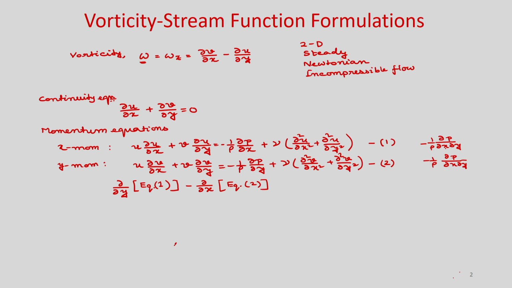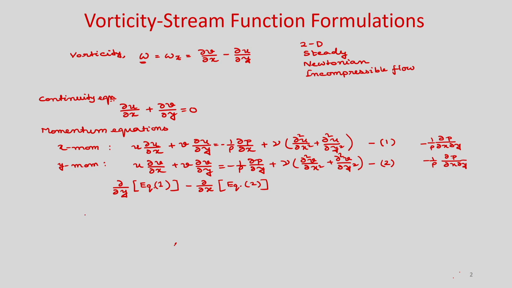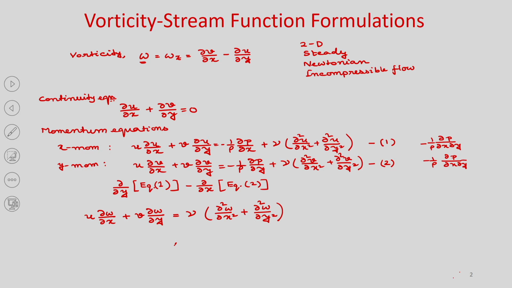If you rearrange, you get the vorticity equation: u del omega by del x plus v del omega by del y equals nu times del 2 omega by del x square plus del 2 omega by del y square. So from the two momentum equations we derived the vorticity equation just by eliminating the pressure.